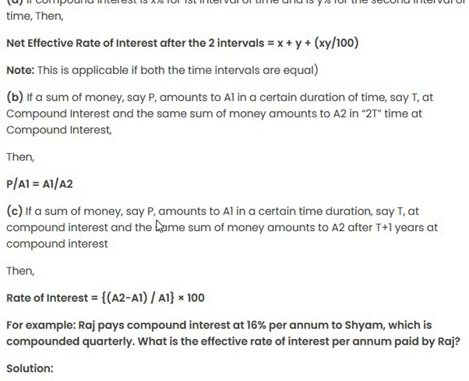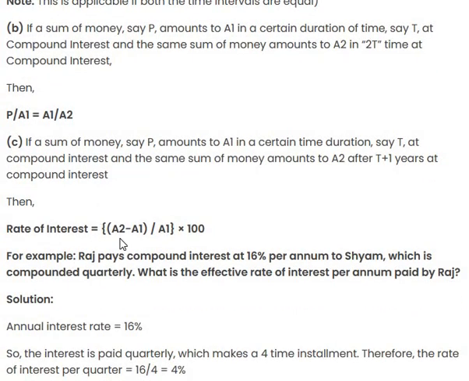C. If a sum of money, say P, amounts to A1 in a certain time duration, say T, at compound interest, and the same sum of money amounts to A2 after T plus 1 years at compound interest, then the rate of interest is equal to within brackets A2 minus A1 divided by A1 into 100.